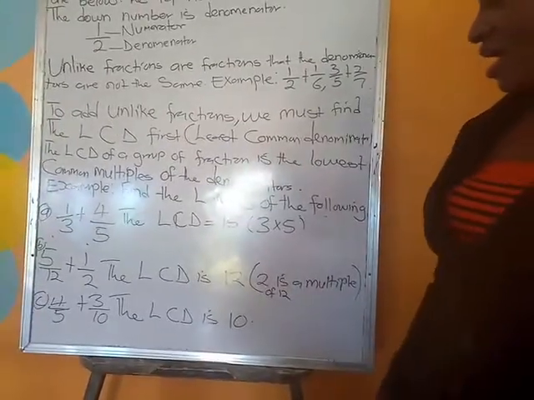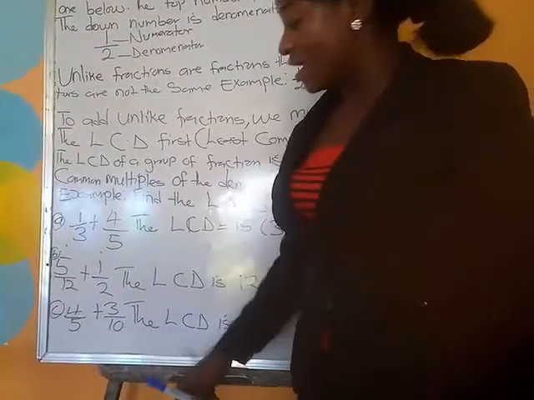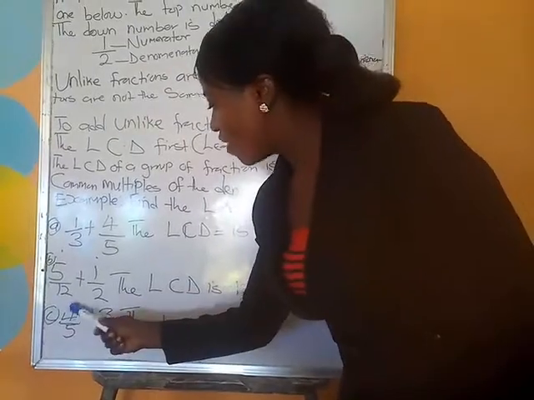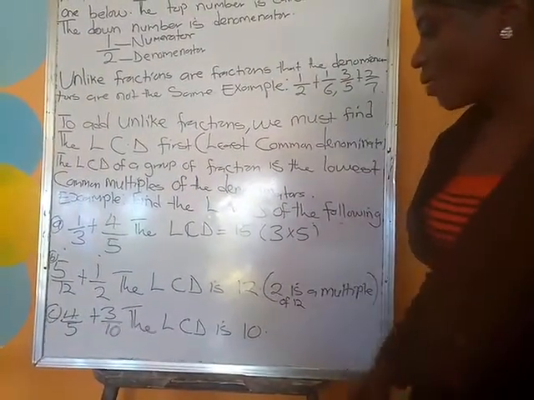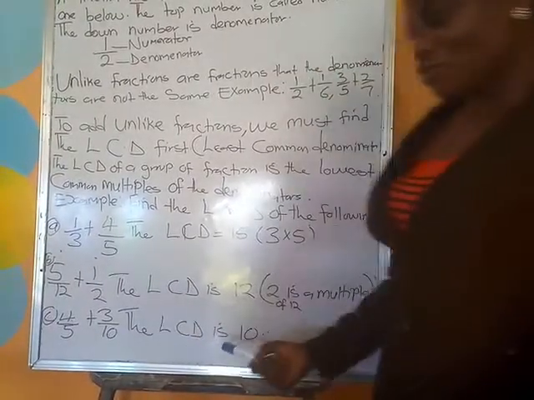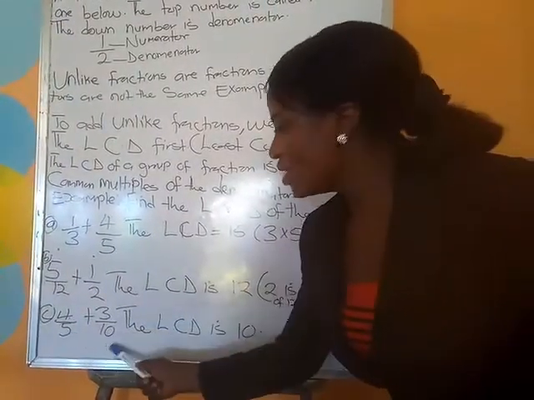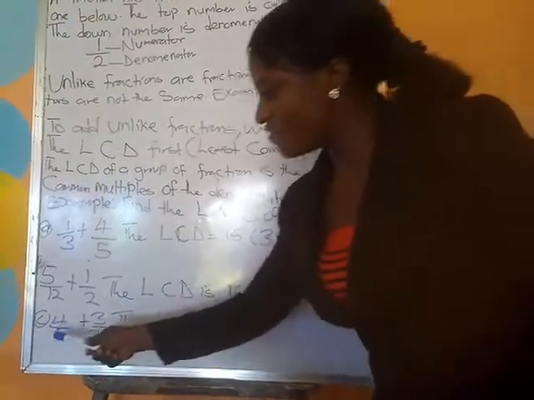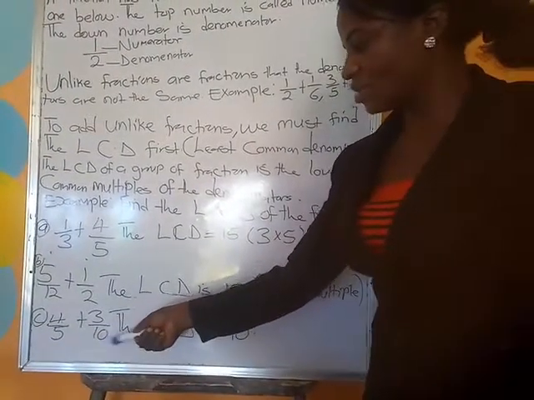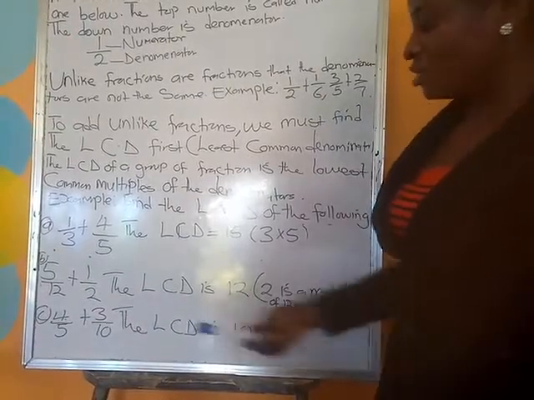Let's see another example. Find the LCD of 4/5 plus 3/10. Now, to get this one too, you check the denominators first. And we have 5 and 10, and 10 is a multiple of 5. 5 can go into 10 without remainder.